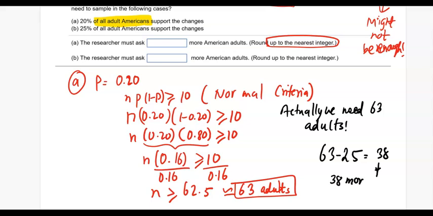For part B, you do exactly the same as part A, except you put p as 0.25, because 25% is the p here, and you'll get 29 as the answer for part B. Okay.